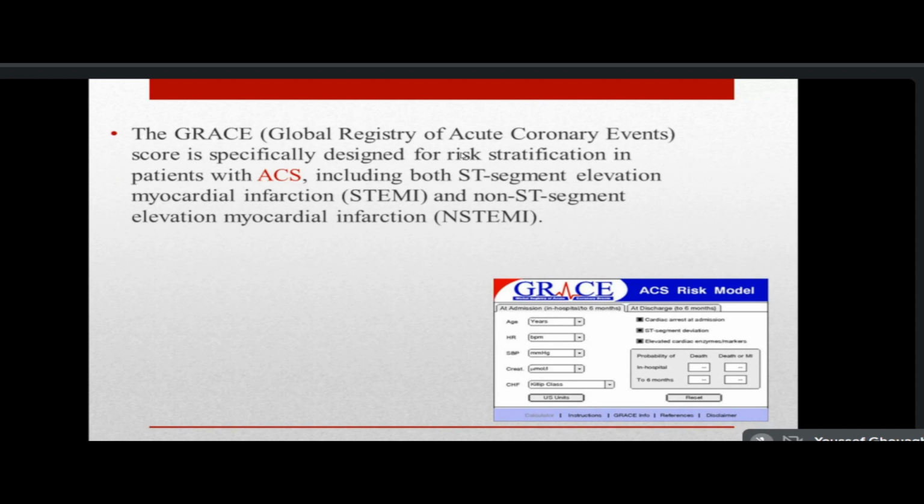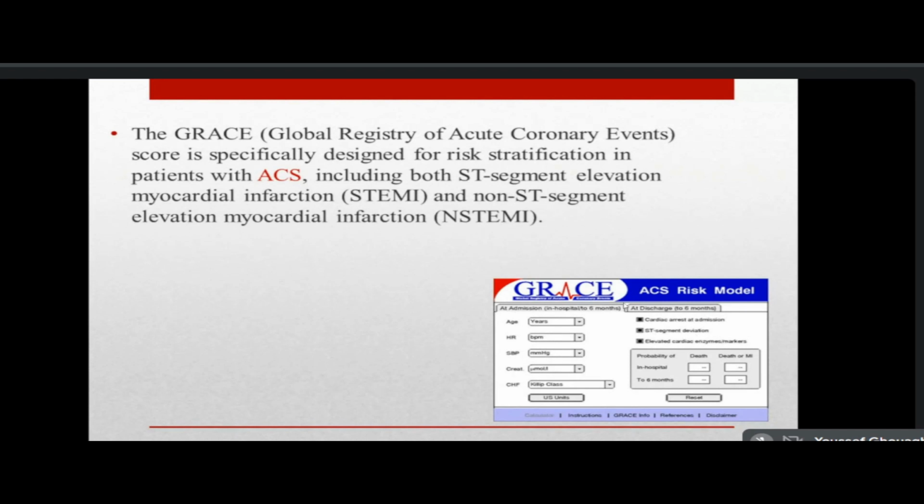Why didn't we choose the others? The CHADS-VASc score is of course commonly used to assess stroke risk in patients. However, it's not typically used for risk stratification in acute coronary syndrome patients like the one described in the case. The Geneva score is used for pulmonary embolism, which is not the case. The HEART score is primarily used for risk stratification in patients presenting with chest pain to the emergency department.